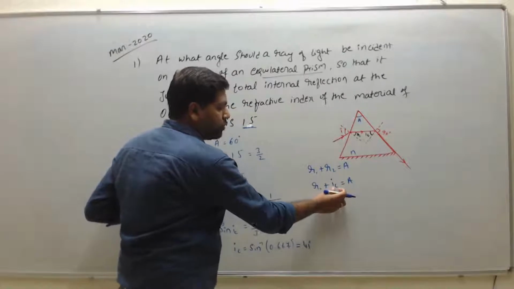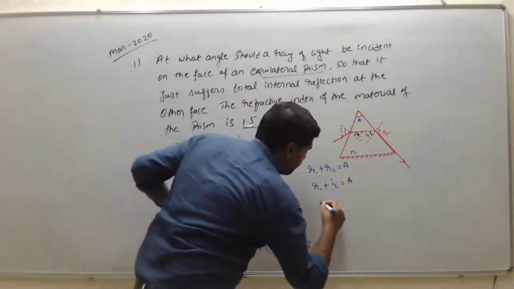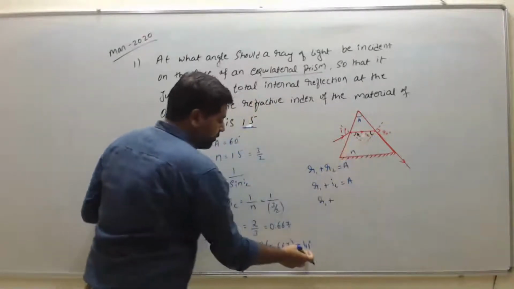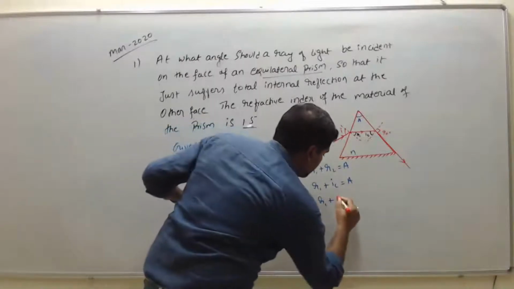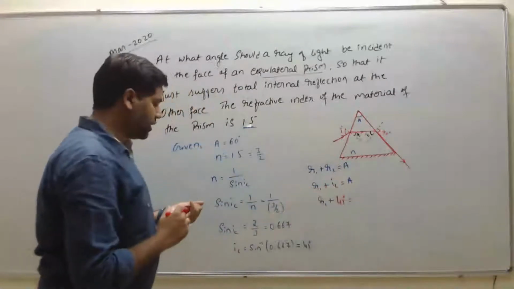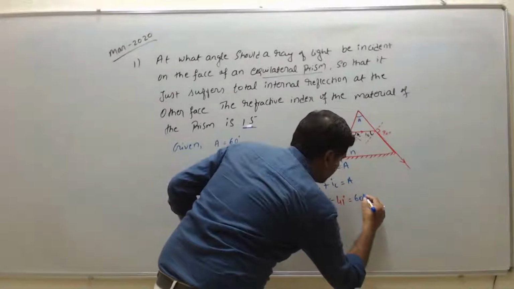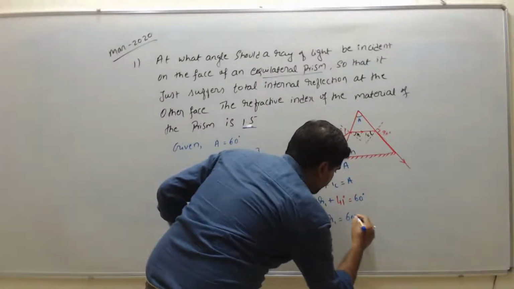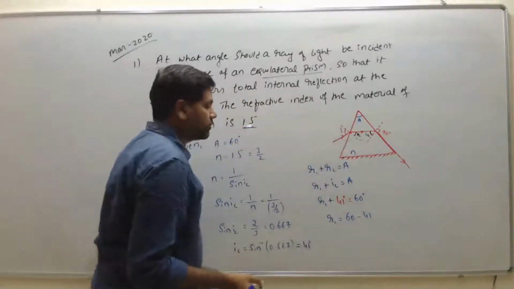We know the value of iC and also the value of A. So r1 plus 41 degrees is equal to 60 degrees, since the equilateral prism has angle A of 60 degrees. If we shift the 41 to the right-hand side, it becomes minus 41.